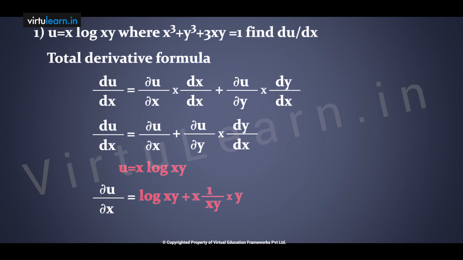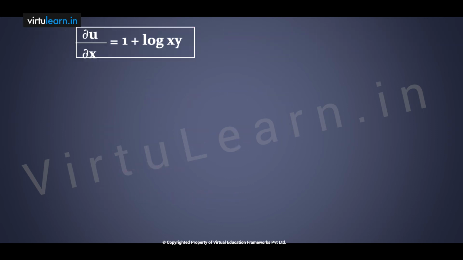Differentiation of x is 1, times log xy which is constant, plus now x is constant into differentiation of log xy, which is 1 by xy into differentiation of xy, which is y. Now you can cancel x, y, y. Therefore, dou u by dou x equal to 1 plus log xy.